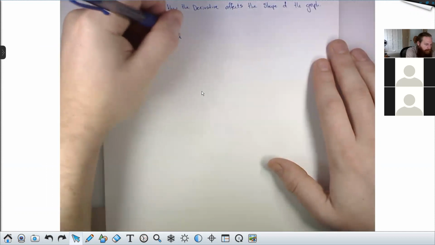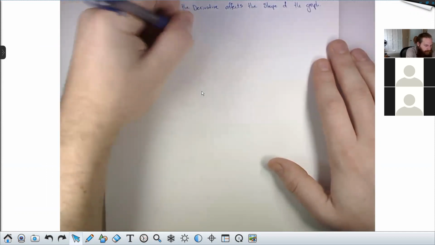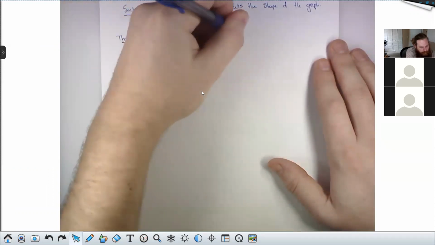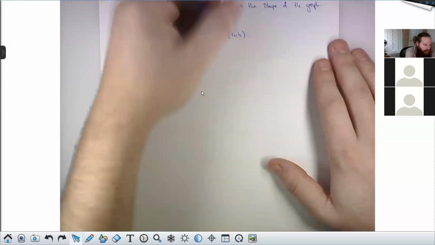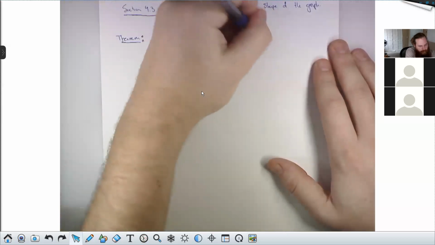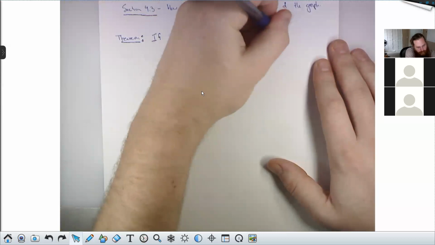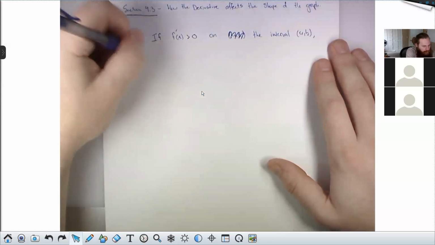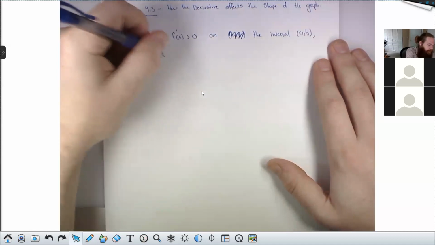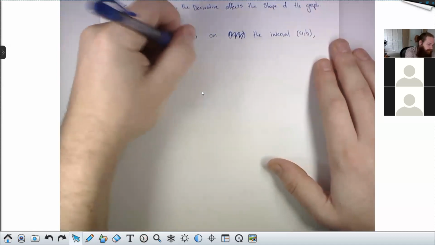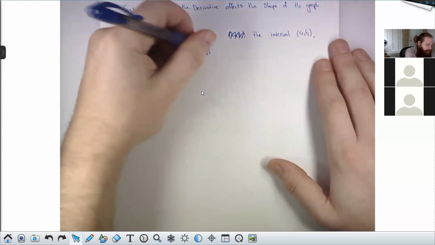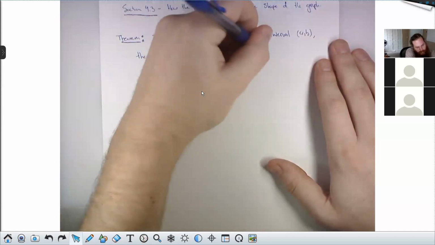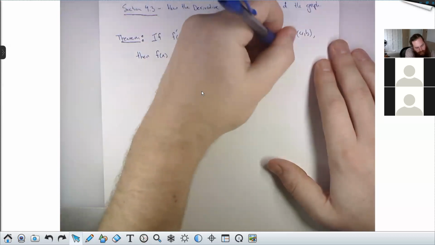So if f prime of x is greater than 0 on the interval (a, b), I should say on the interval so you don't confuse it with a point, then f of x is increasing on the interval (a, b).